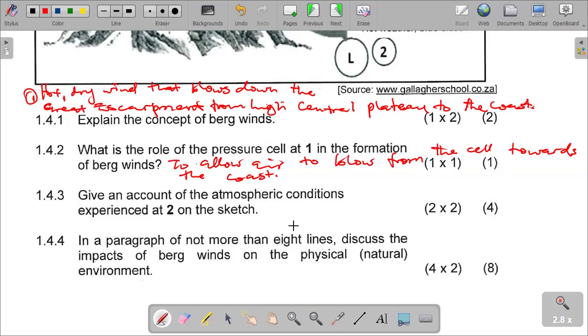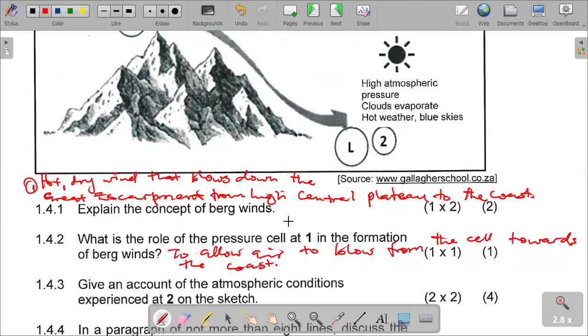And then give an account of the atmospheric conditions experienced at 2 on the sketch. At 2, we have got high atmospheric pressure, and then we have got clouds evaporating, hot weather, and blue skies. What is causing that?